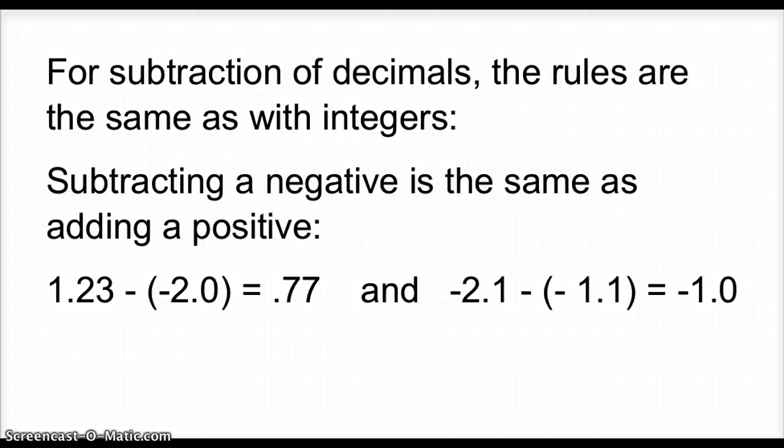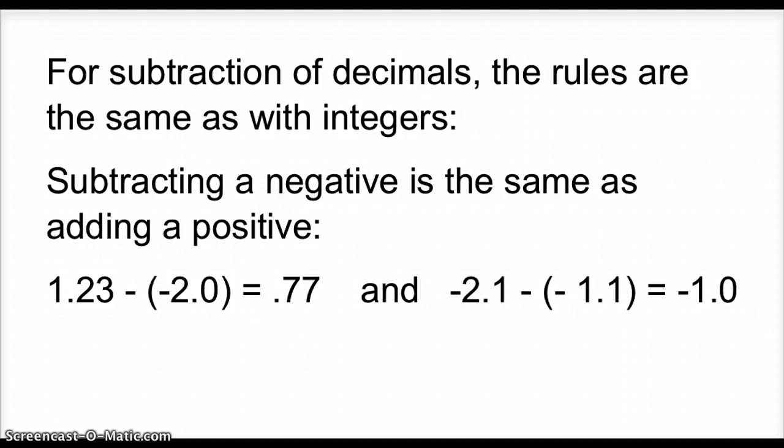Okay, for subtraction of decimals, the rules are also the same as they are with integers. So subtracting a negative is the same as adding a positive. If we just look at the two examples here, we have 1.23 minus a negative 2.0, which is the same as saying 1.23 plus 2.